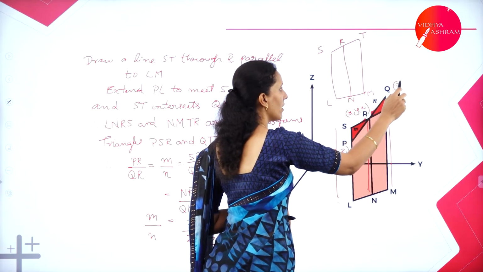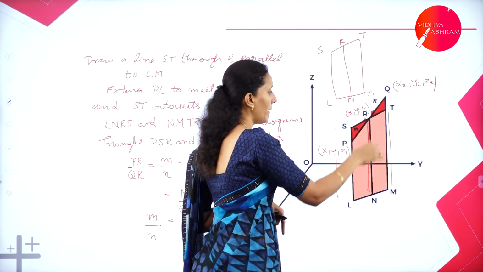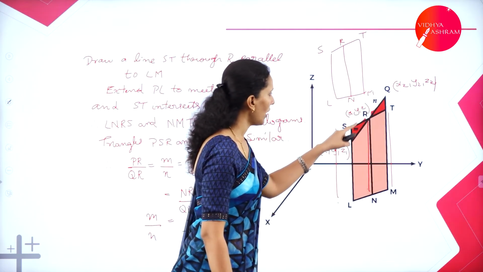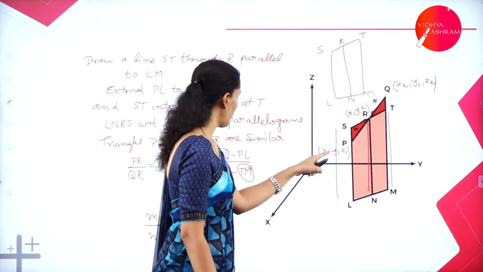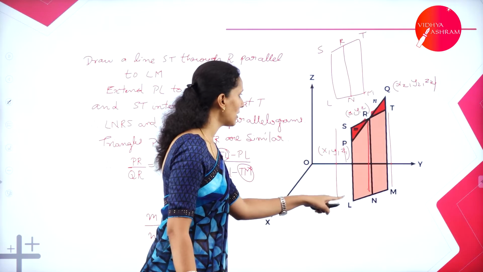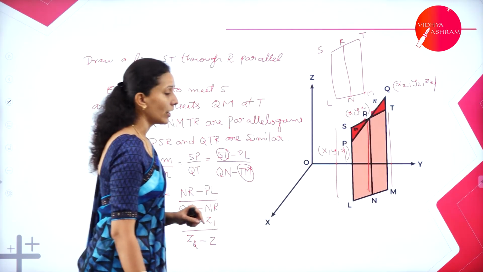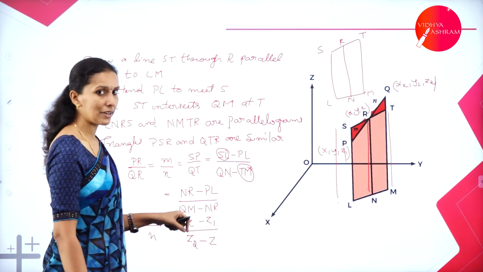For Q we have x2, y2, z2. The perpendicular length means it is exactly the z coordinate. So NR is nothing but z here. Next we have PL. This length PL is nothing but z1, and QM or TM is nothing but Z2. I have just replaced the Z coordinate.